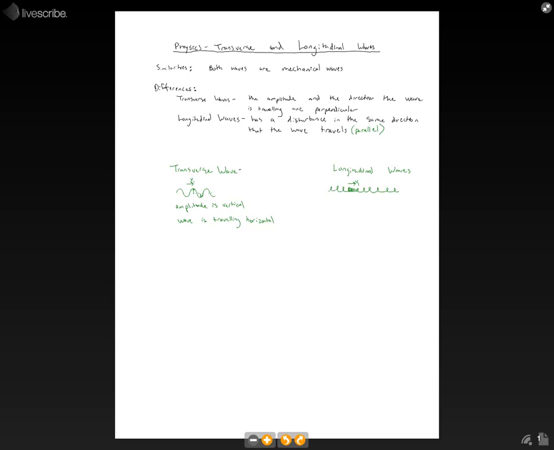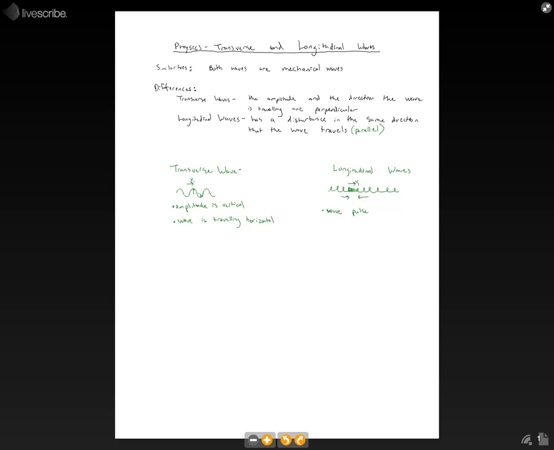But the thing is, the reason why the disturbance is in the same direction that it's actually traveling is because you have actually scrunched up the slinky together. And so we'll put that. Sometimes people consider that to be like a wave pulse, like one wave.